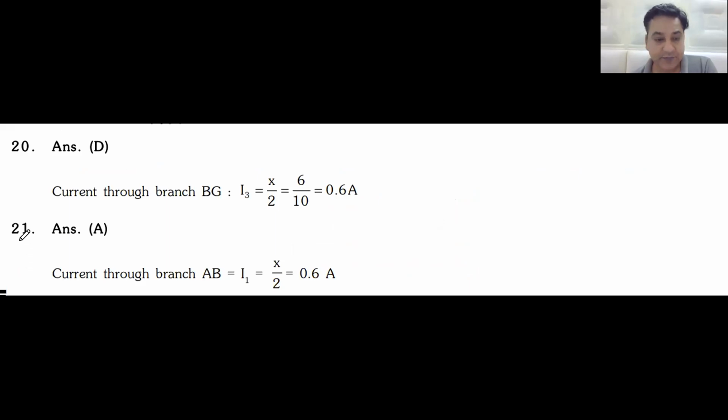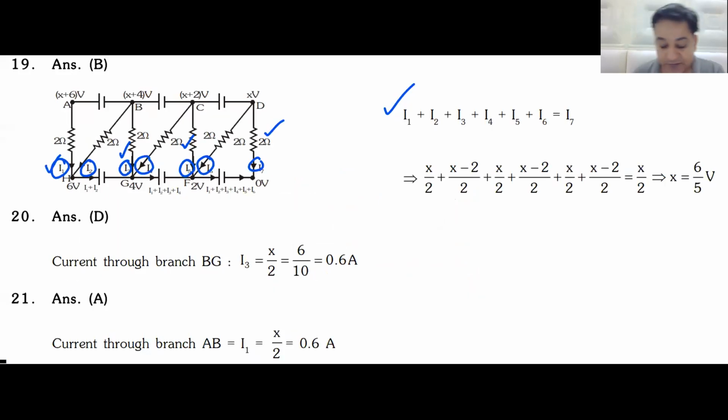If you look at this branch, and here is this branch, and if you look at the distribution of potentials, if you look at this point A and this point B, what is the potential difference?